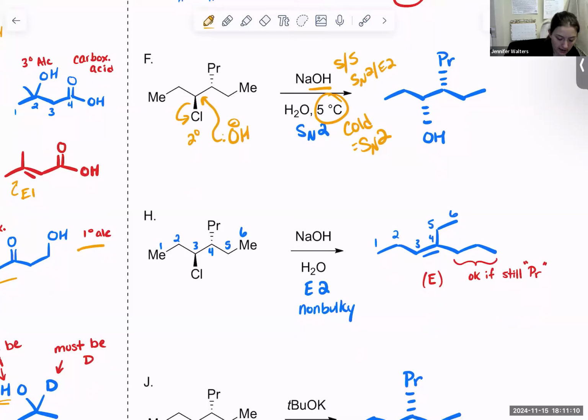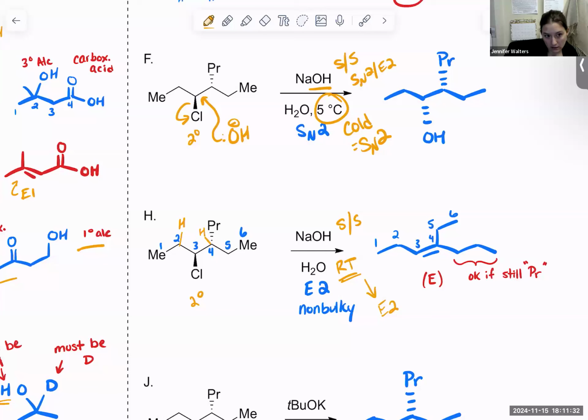For our next one, again, I'm the strong, still secondary, but now I'm room temperature. Room temperature tells me E2. So E2, I need to look for my antiperiplanar hydrogens. If I have hydrogens on the left or the right, I see that I have antiperiplanar hydrogens, or I guess I should say beta hydrogens on the left and the right.